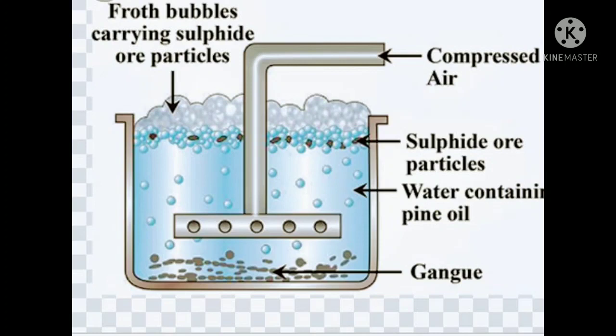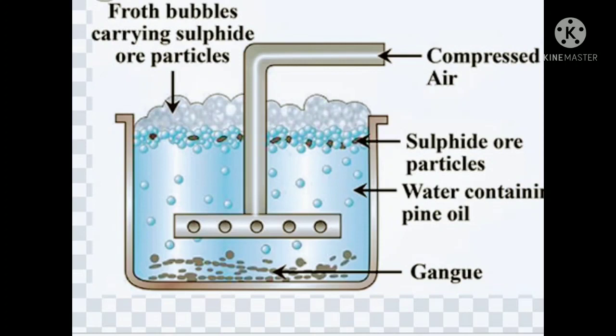Since the ore is lighter, it comes with the froth, whereas the impurities are left behind at the bottom of the tank. Have you understood? So from the top, the froth is skimmed off, and the ore is separated, and the impurities are left behind at the bottom of the tank.